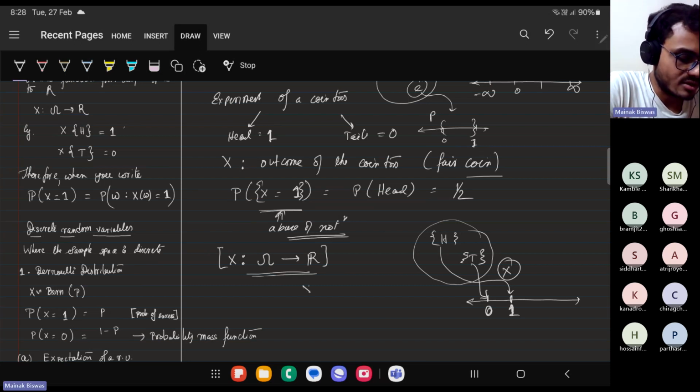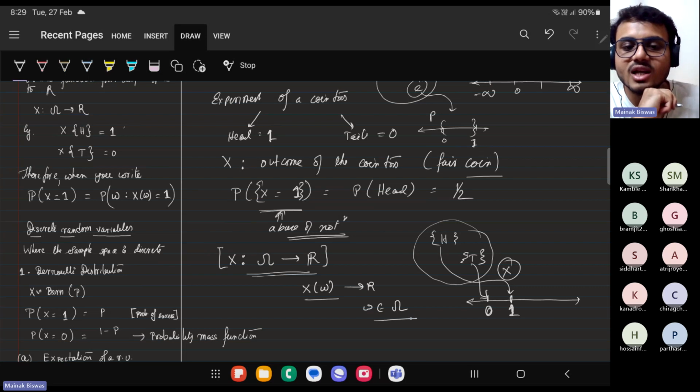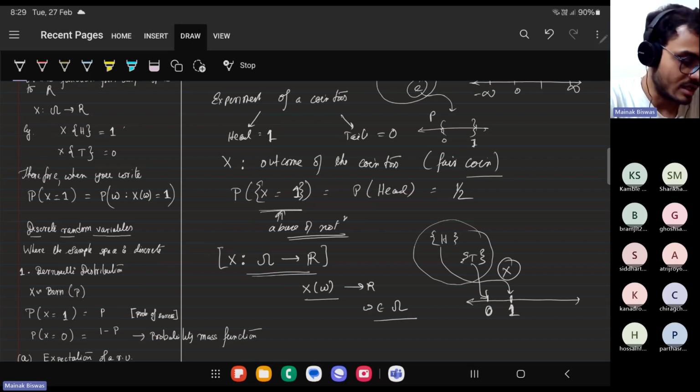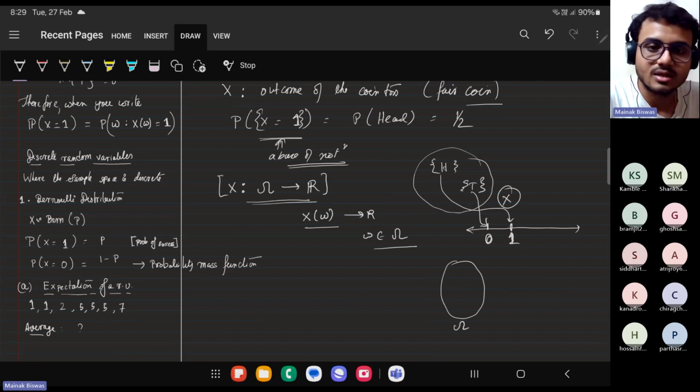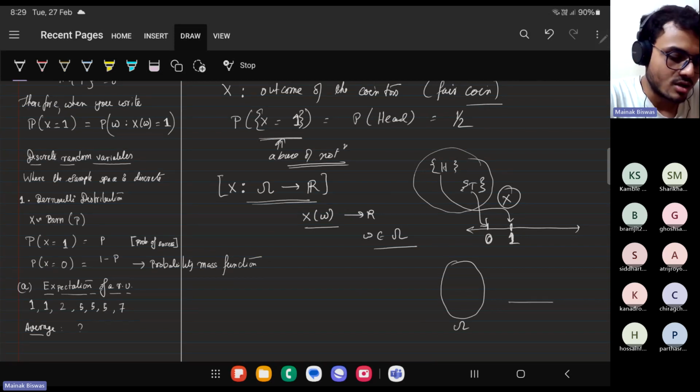Or it is a function that takes an element in the sample space and maps it to the real number line. Any doubt in this? The domain set is your sample space, and your range set is the real number line.